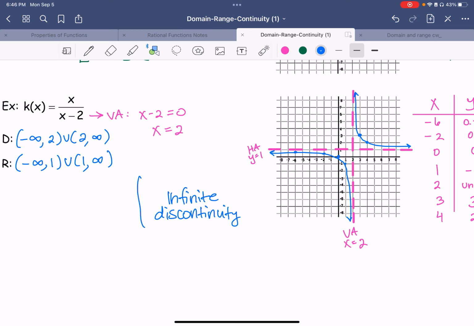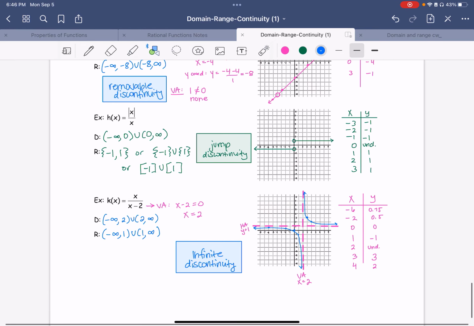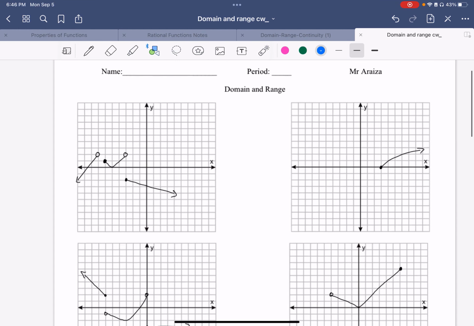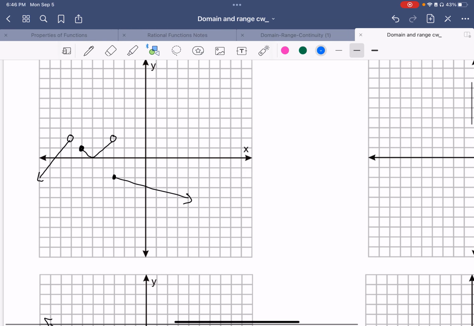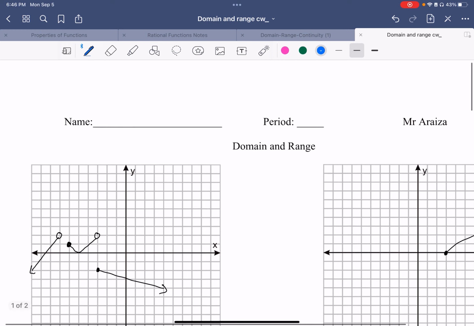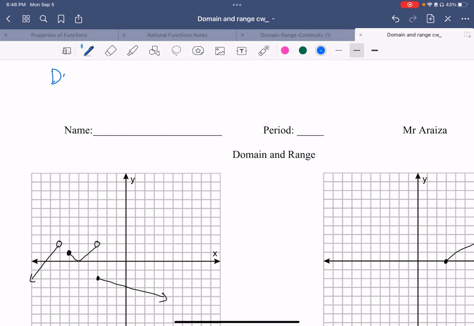Okay, so that is the set of notes. I hope that it makes sense. I also have another worksheet, graphically how to find domain and range. So I'm going to focus on domain first, and then I'll come back around and do the range. Okay, so for the domain, remember that you're reading from left to right.